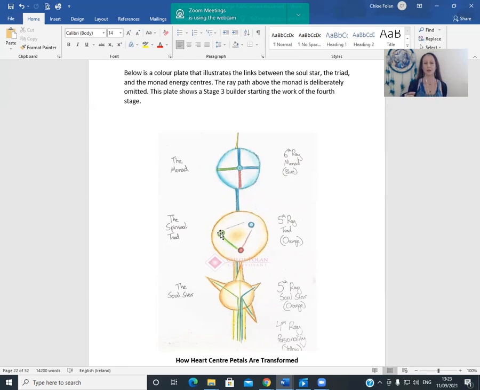Another way of describing that is the midway point between fusing your personality and your star origin self, as it's now termed. I call it the higher self and your solar angel, but it seems that the new terminology is star self. Or maybe that would just be my interpretation.